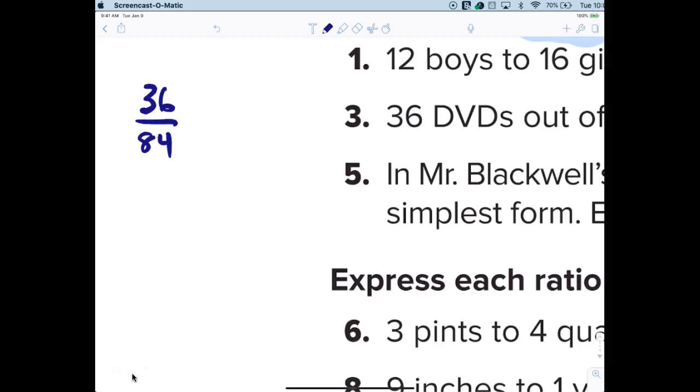And 4 goes into 36, right? So think about it before you start reducing. 9 over what? 9 over 21. Is that it? No, that reduces again, right? It can reduce to 3/7. Yes, thank you very much. 3/7 is good.